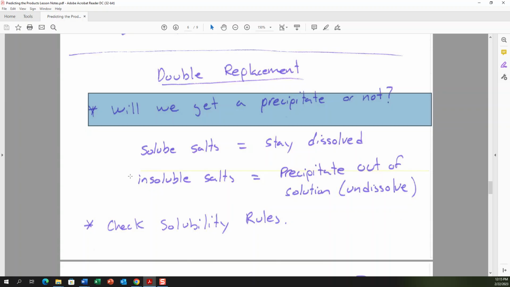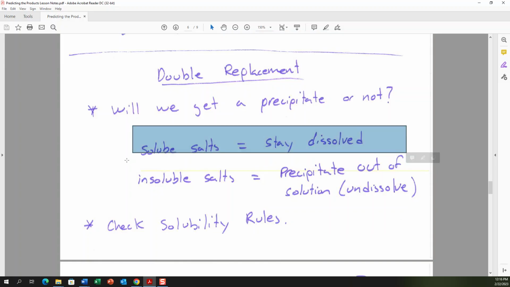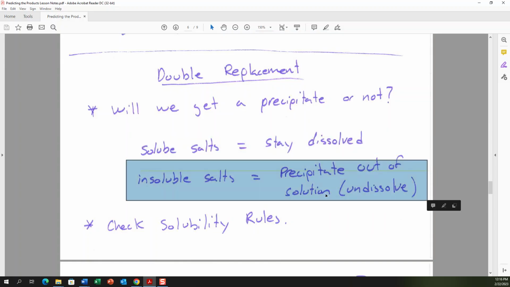It does what we call precipitates out of water. Soluble salts will stay dissolved. Insoluble salts will precipitate, will undissolve. It would be like I'm mixing salt water into salt water and all of a sudden solid salt forms out of solution. It falls out of solution. It precipitates out of solution, undissolves.